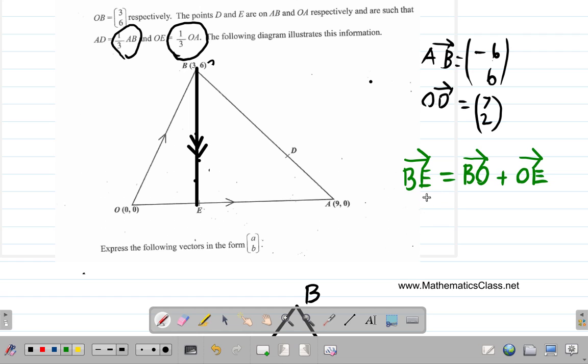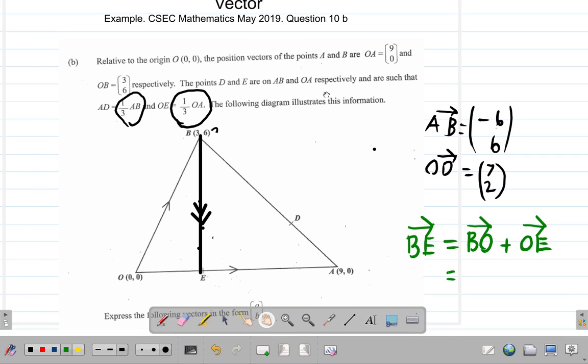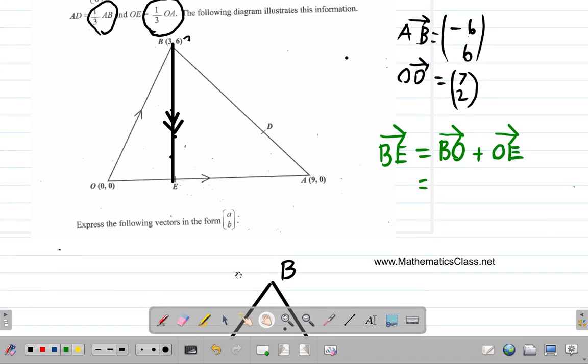So, what is BO? We need BO right now. We see that OB is (3, 6). So BO must be negative (3, 6). OB is (3, 6). So BO must be negative (3, 6) plus OE.